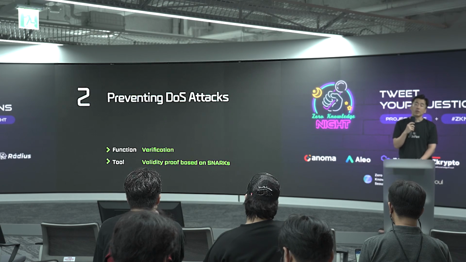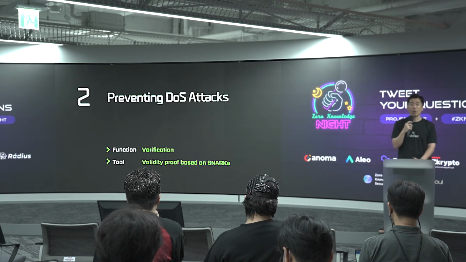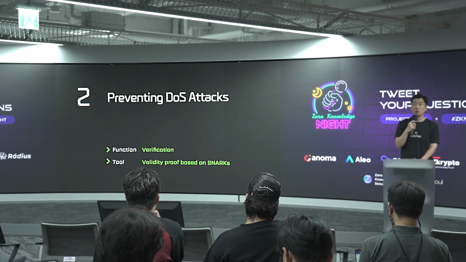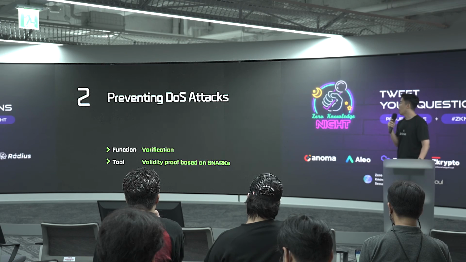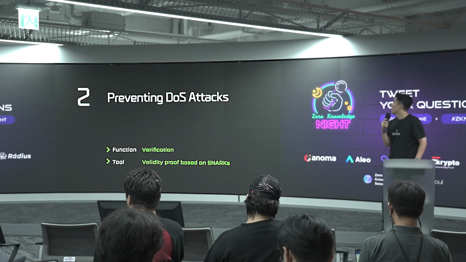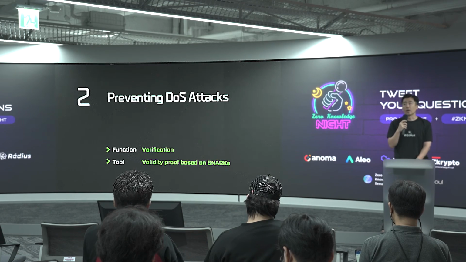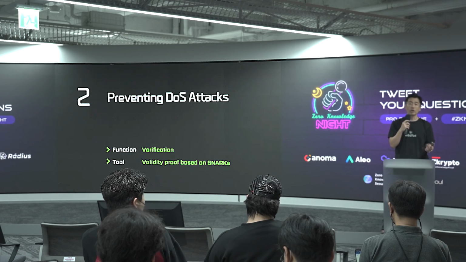So miners are going to waste their computing resources to solve timer puzzles. So that's why we came up with some kind of ZK-based validity proof to prove that the whole encryption process is done correctly.